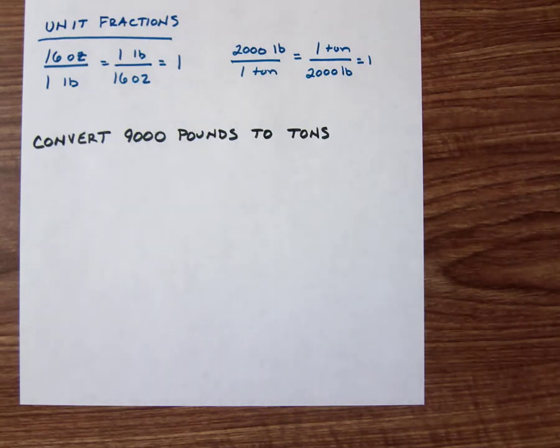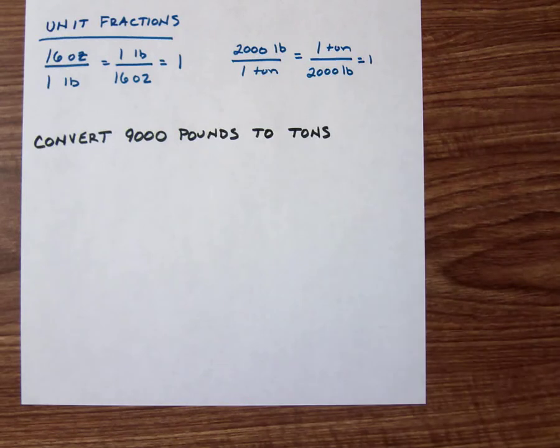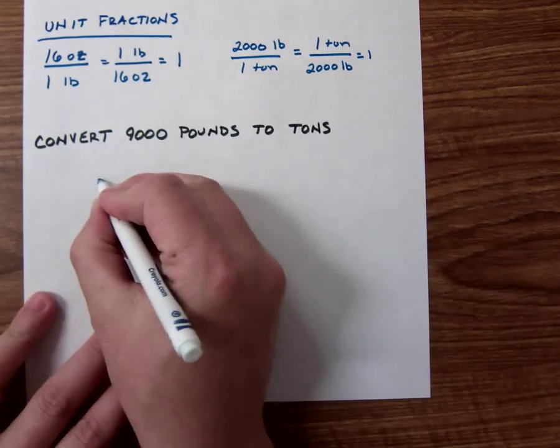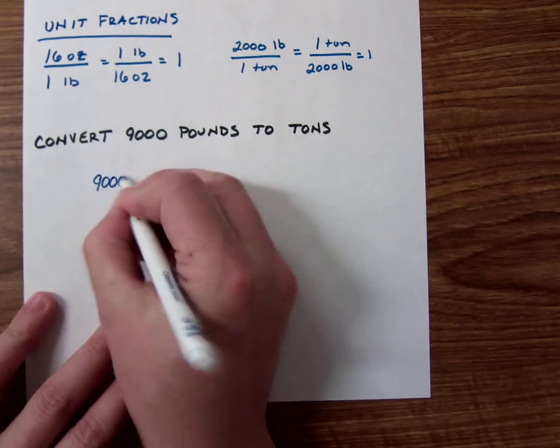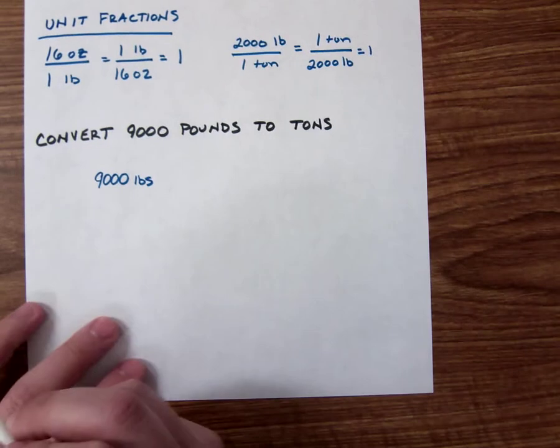Okay, so here we go. 9,000 pounds converted to tons. So just like with our length measurements, we're going to find a unit fraction that contains the units pounds and tons. We got two of them here. So we're going to take 9,000 pounds, which is abbreviated LB for some reason.